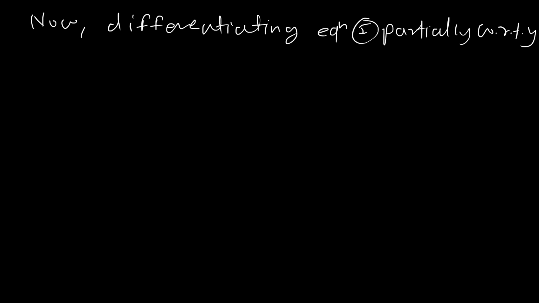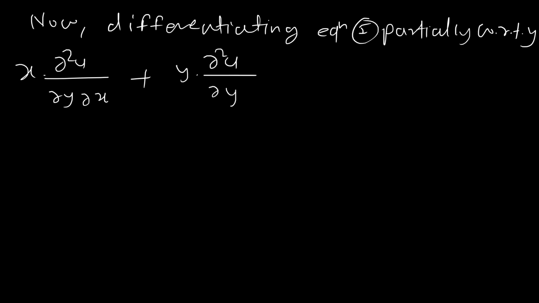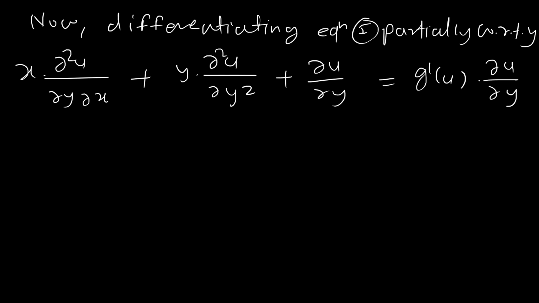For the first term, since dou u by dou x may contain a term of y, we can write it as x times dou 2u by dou y dou x plus, now a product of two functions of y, therefore y times dou 2u by dou y square plus dou u by dou y equals g dash of u into dou u by dou y.